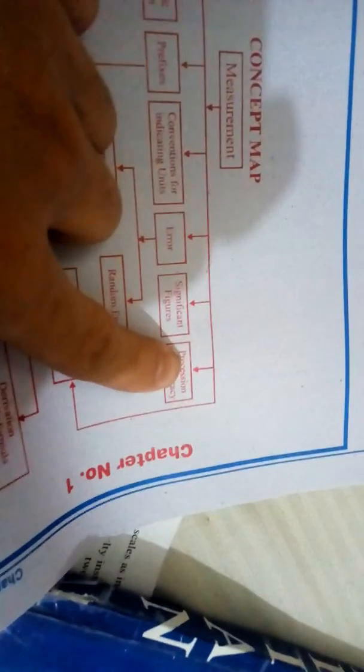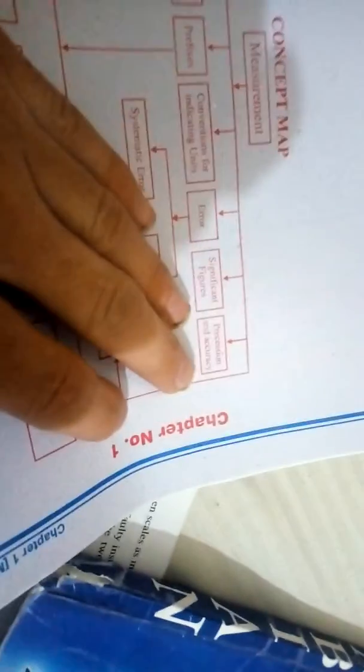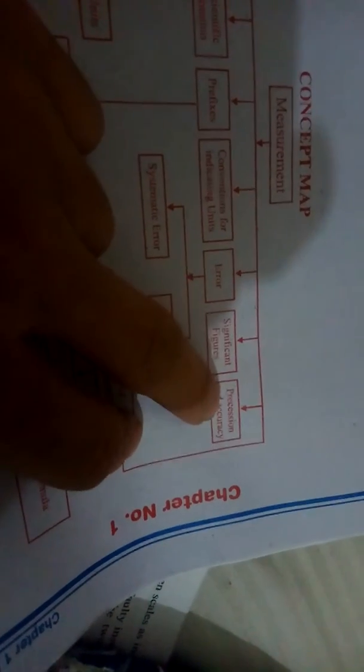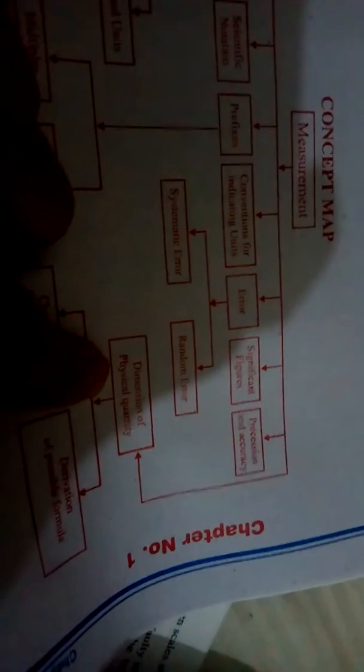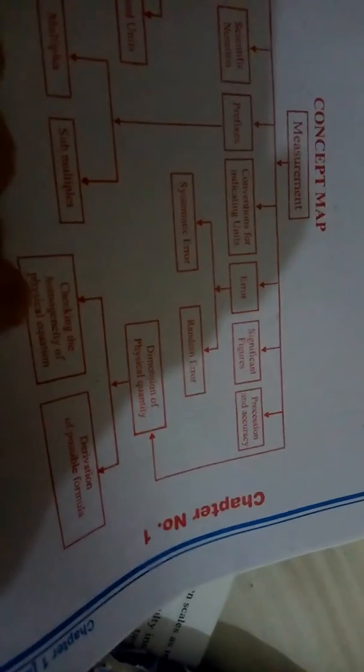Precision and accuracy, we already discussed very deeply, how precise we are and how we can get closer to accuracy. And the last one is dimensions of physical quantities.